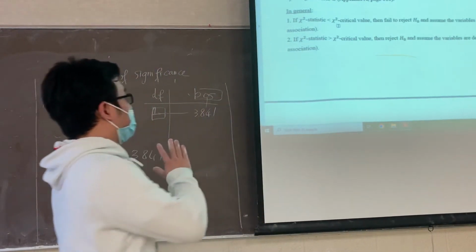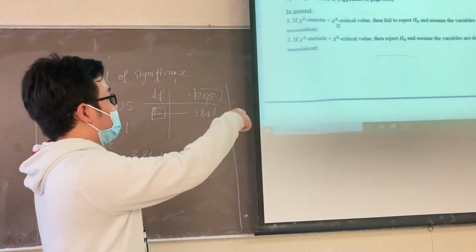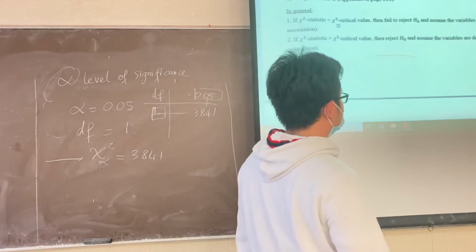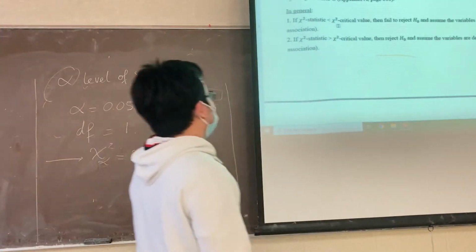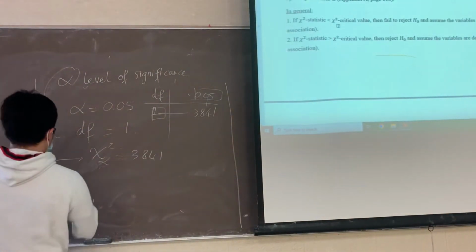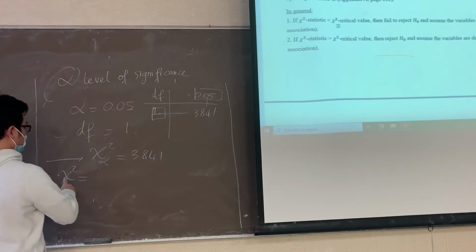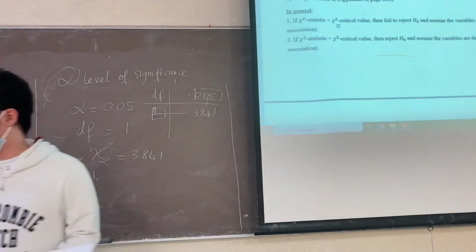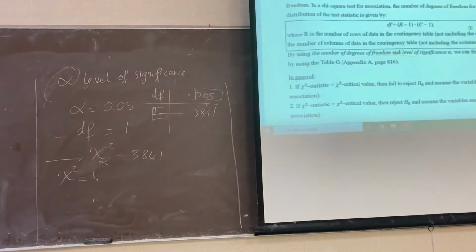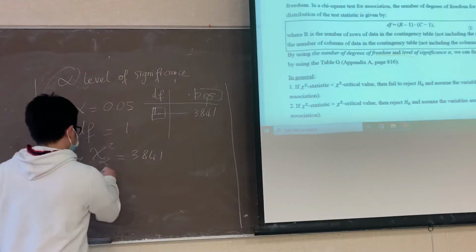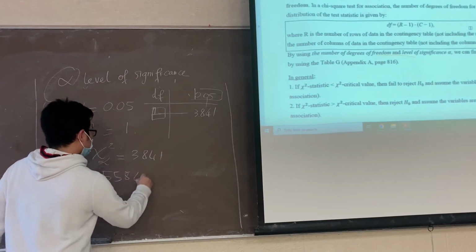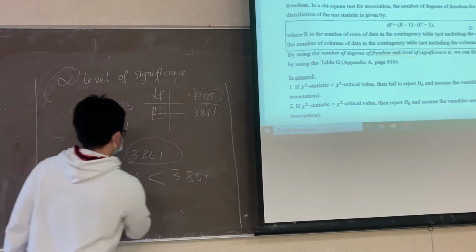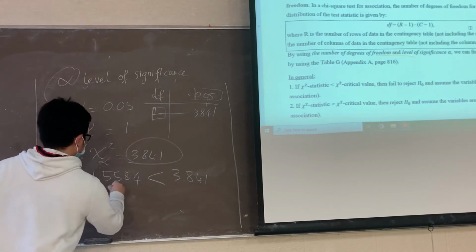Otherwise, if the chi-square statistic is greater than the critical value, then we reject the null hypothesis. In this case, the chi-square we calculated before is 1.5584, so it's less than 3.841. So we make the decision: we fail to reject, right?